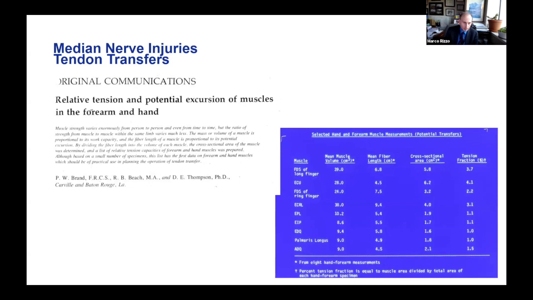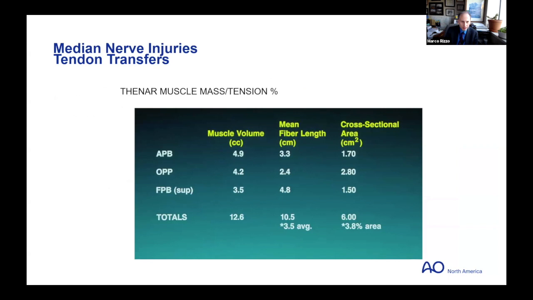And there have been defined muscle mass tension percentages in the thenar muscles, and that 3.5 average mean fiber length and 3.8% cross-sectional area are fundamental numbers to keep in mind when you're thinking about the ideal transfer.